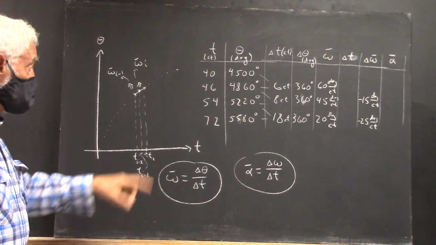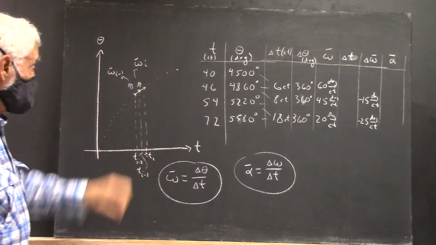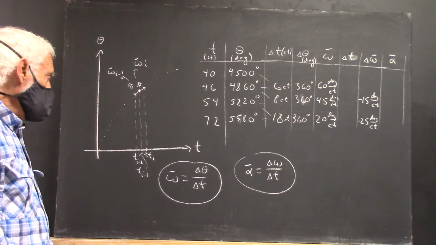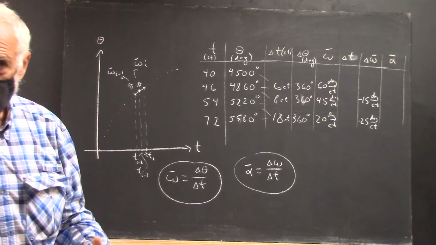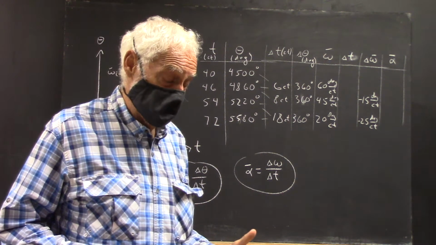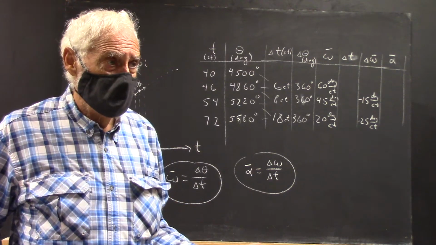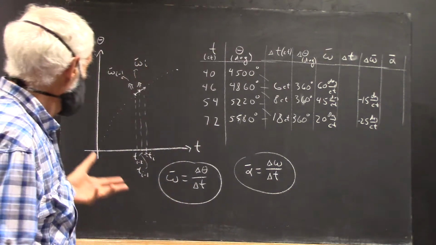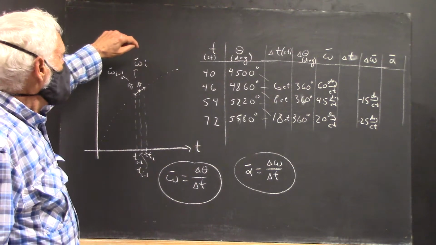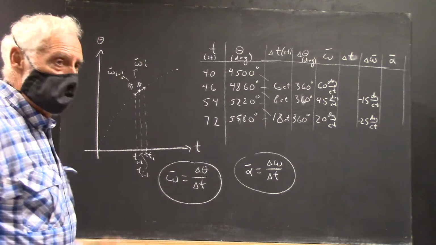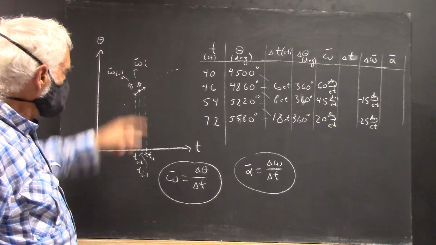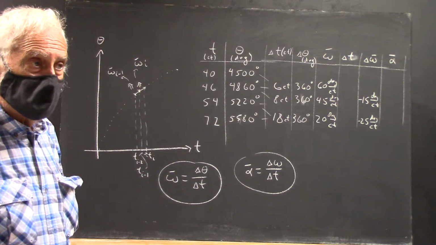So second and third values of t were used to get this. Which one are you going to choose to say that, I think this average velocity occurred at this time? At what time do you think this average velocity actually occurred?